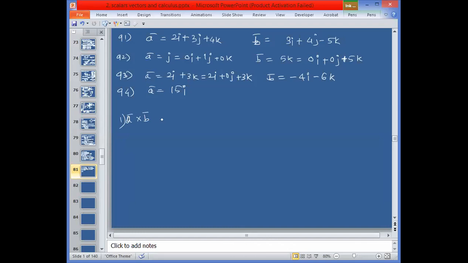A bar cross B bar will be equal to, first you will write the determinant, then you will write I, J, K, then you will write coefficient of first vector 2, 3, 4, and then coefficient of second vector 3, 4, minus 5.